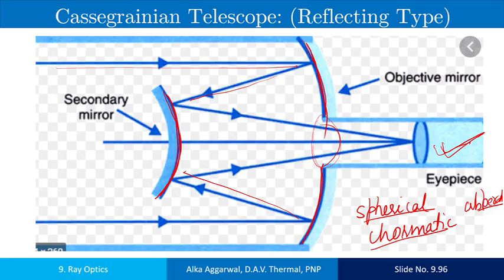The reflected beam is intercepted by the convex mirror, and the convex mirror forms an inverted image at F. This inverted image is seen through the eyepiece, and the eyepiece may be replaced by a camera or some other recording device. The magnifying power of the telescope is the ratio of the focal length of the objective to the focal length of the eyepiece.